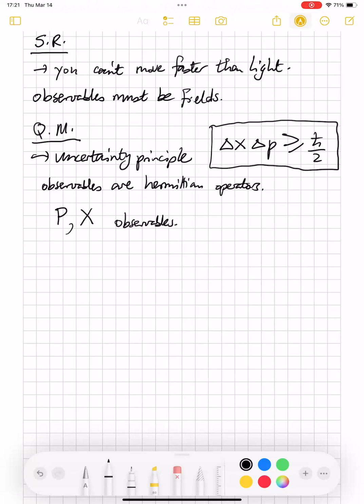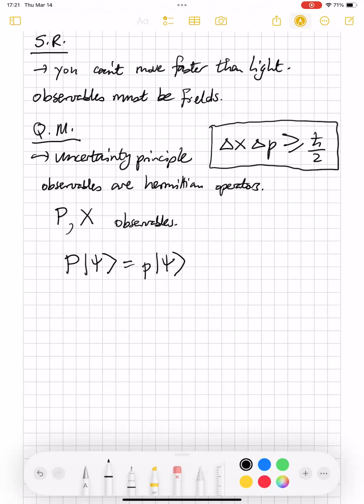If I have the state of a particle and it has some definite momentum, then what that means is if I take the momentum operator and act on the state of my particle, I will get some eigenvalue P times the state of my system.